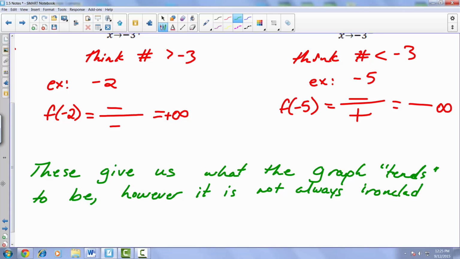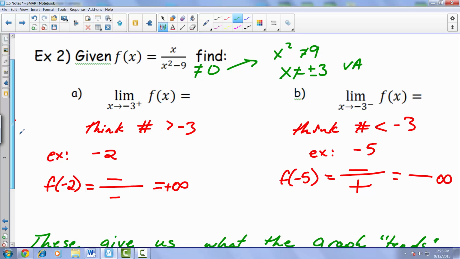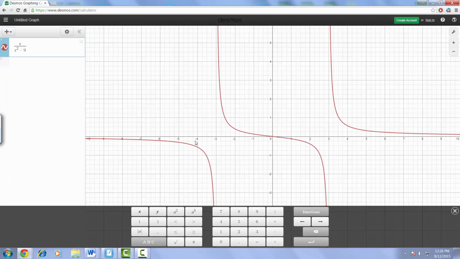And if you're thinking, well, wait a second though, we just used this technique, it worked. I mean, even if we were to pull up a graph of this, here is specifically that graph. We can see as you approach that -3, we have that vertical asymptote. It is matching what we were saying.